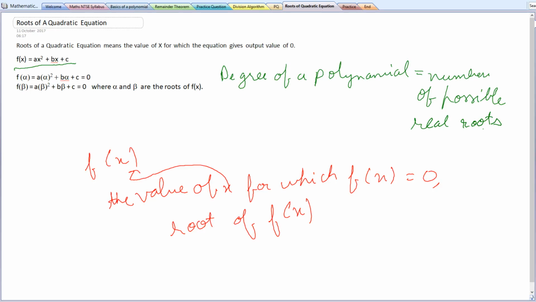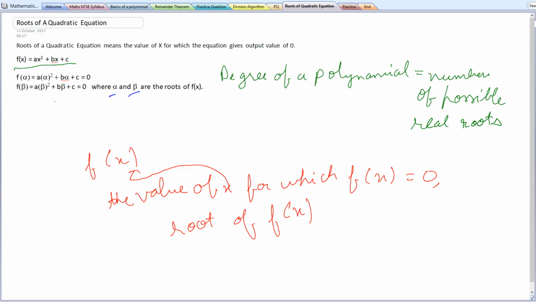So if there is a biquadratic that is degree 4, the possible real roots are 4. By that logic, a quadratic equation is a degree 2 polynomial, so there are two possible roots. Here I have assumed that the roots are alpha and beta.